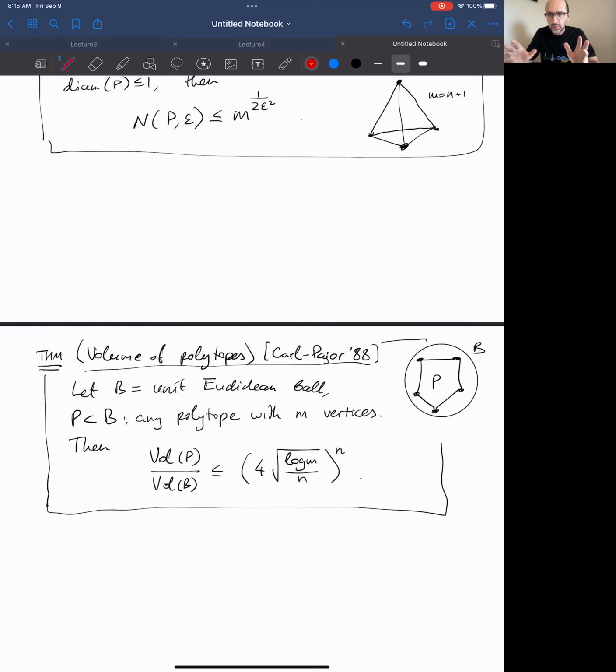What I want you to do when you look at these results, and they may seem overwhelming, all these 4s and roots and logs and exponentials, is to see what it is actually saying. What is it telling us, the right-hand side? Disregard 4 for a moment. Think of that 4 as just a number. I couldn't get a better number. Maybe there is 2, I don't know. Doesn't matter. Disregard the root for a moment.